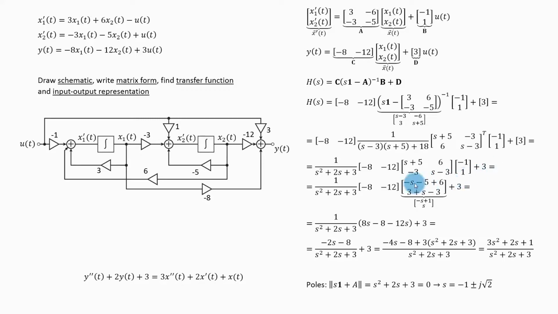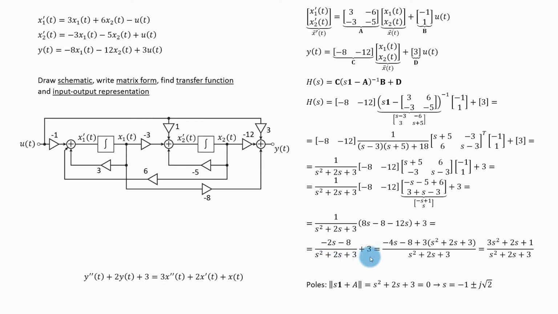Now I just need to evaluate this matrix multiplication. So first I will multiply this matrix by this matrix, which will give me this, and this can be simplified into this. And now I will multiply this matrix by this matrix, and that will give me this. And this I can simplify to this.